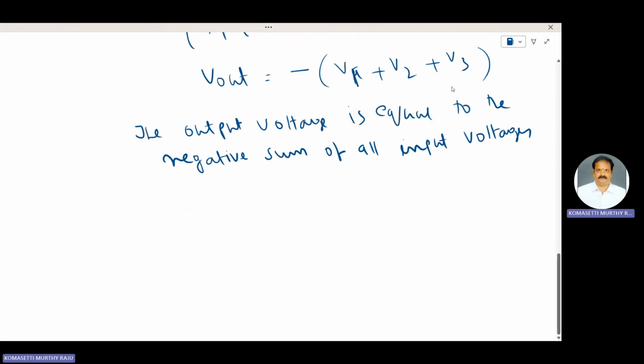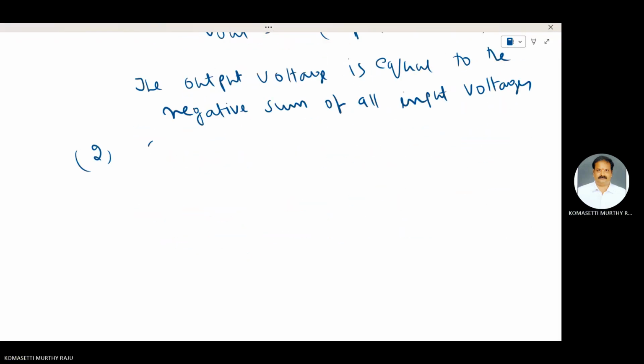Second one is scaling or weighted amplifier.